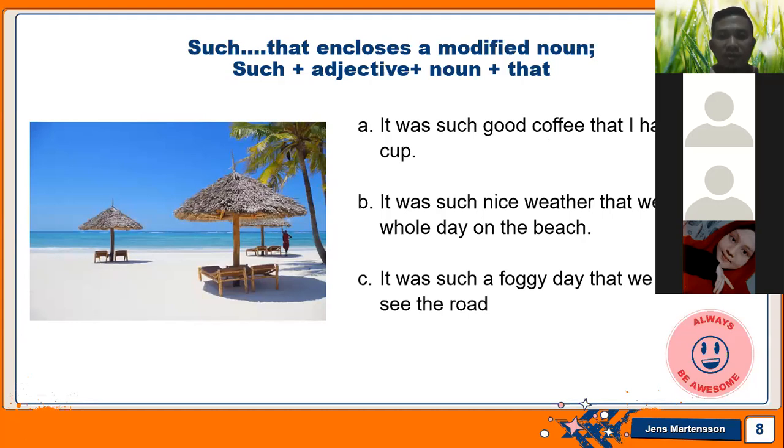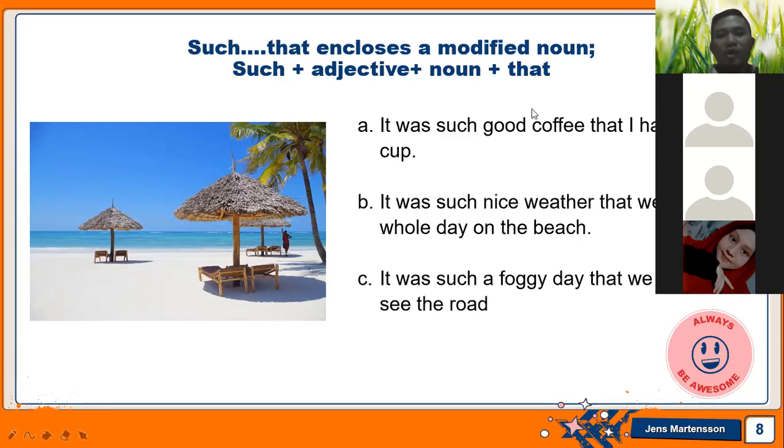It was such good coffee. And then the two sentences are connected with "that". The effect is: I had another cup. Ya, enak banget nih kopinya, jadi saya nambah lagi gitu.